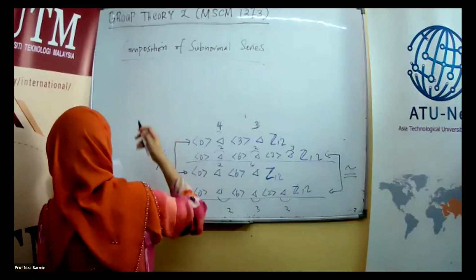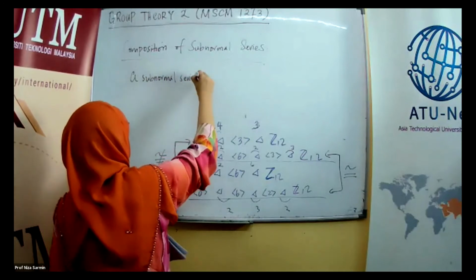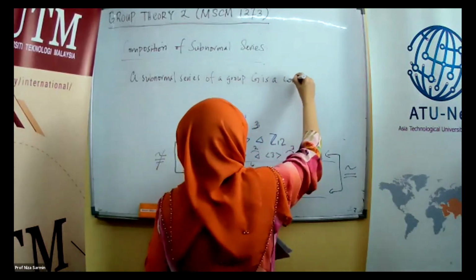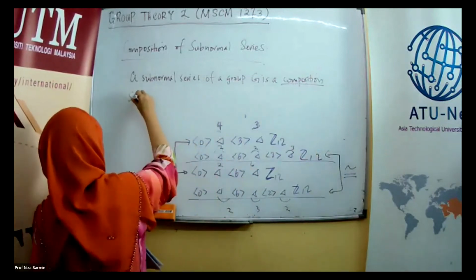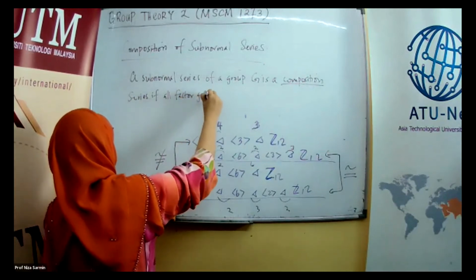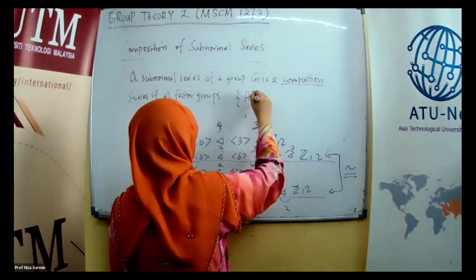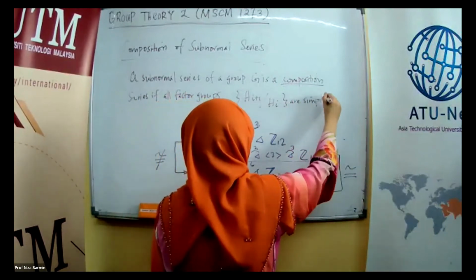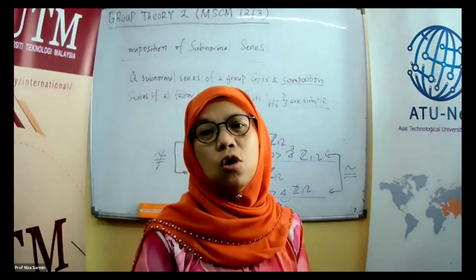The subnormal series of a group G is a composition series if all factor groups are simple. What do you mean by simple? No proper, non-trivial, normal subgroup.